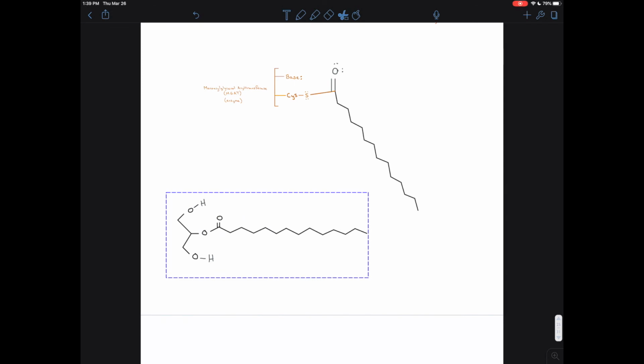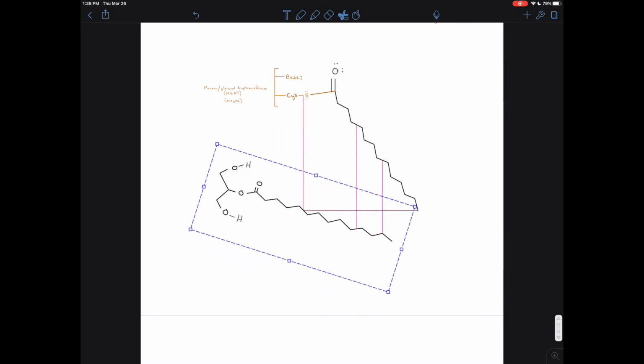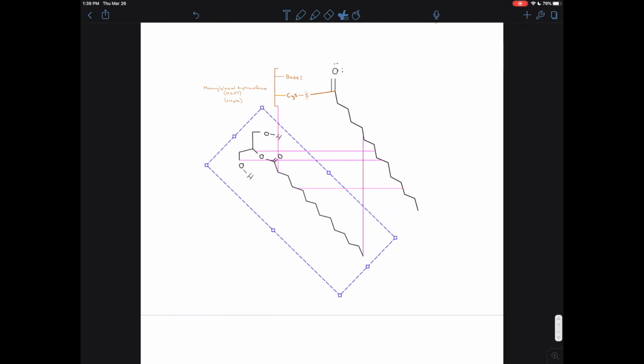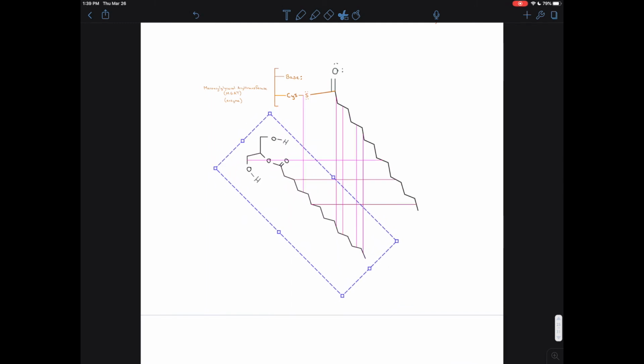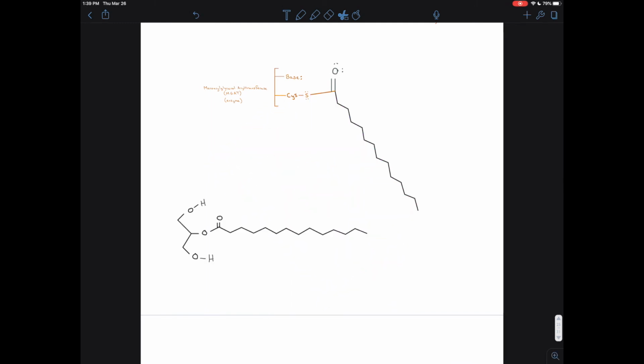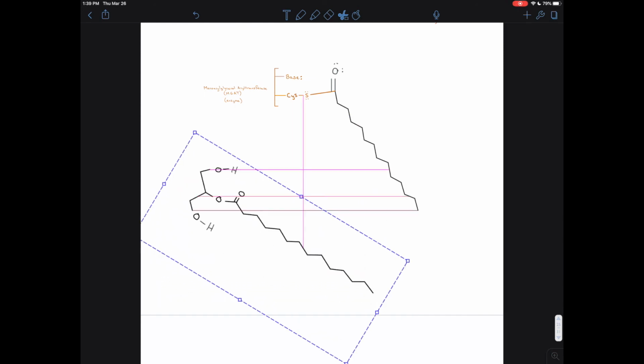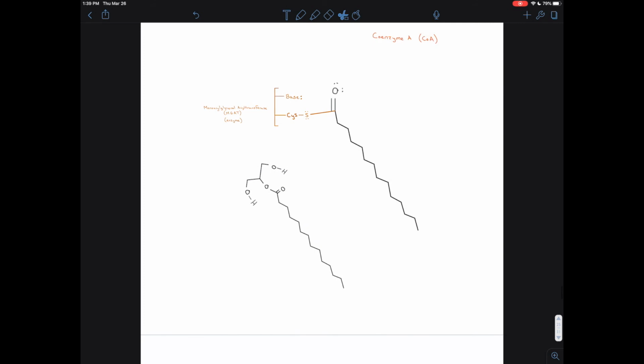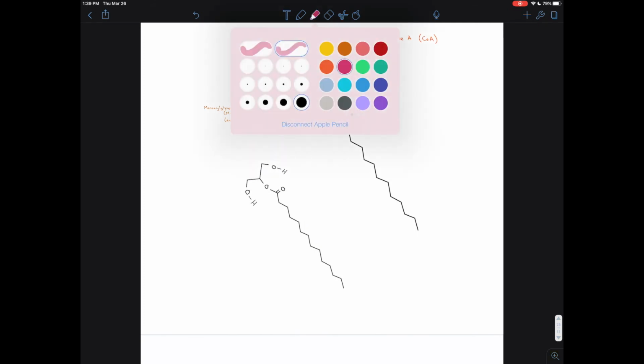So the first thing we need to do is make our nucleophile a better nucleophile.